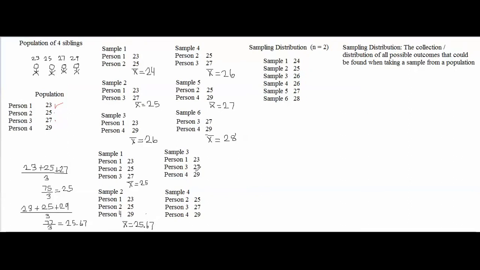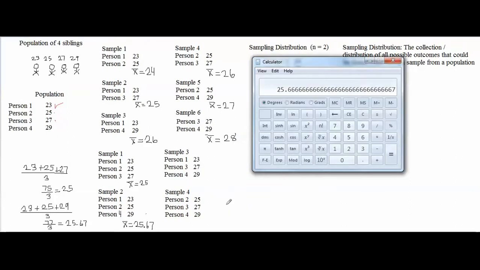Now let's find the mean of sample 3. We add the 3 numbers, and we divide the total by 3. 23 plus 27 plus 29 equals 79. That's the total, and 79 divided by 3 is 26.33.